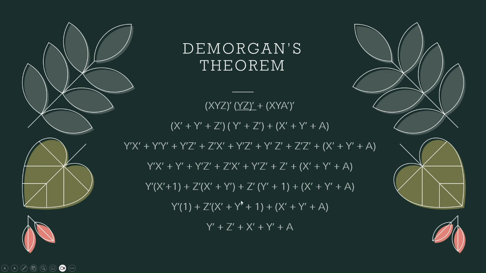Because there's this 1 in here, these all became 1, and then z naught times 1 becomes z naught. So then you have y naught plus z naught plus x naught plus y naught plus a, but we have two y naughts. So we're going to simplify that. We only need one of those. So y naught plus z naught plus x naught plus a, and that's the solution.